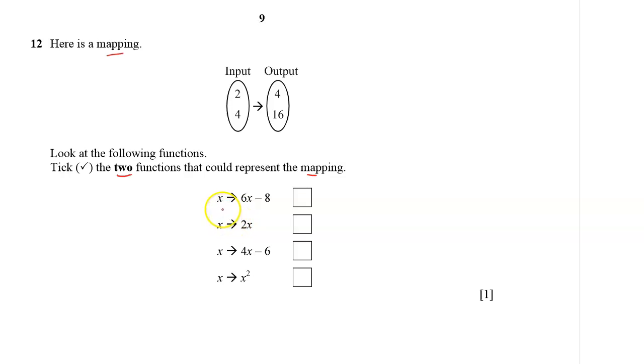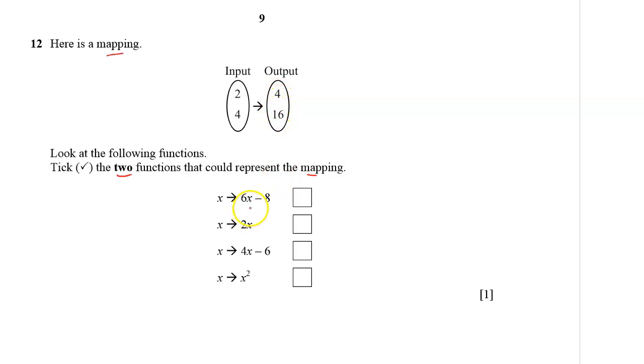Therefore, in this case, we have x maps to 6x minus 8. So is this a function that can be used here? Of course, you can see when we put input 2, we output x.